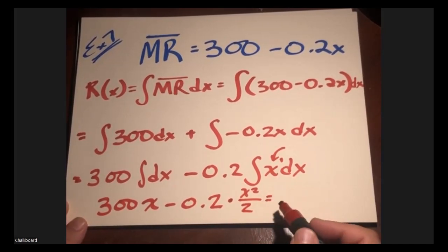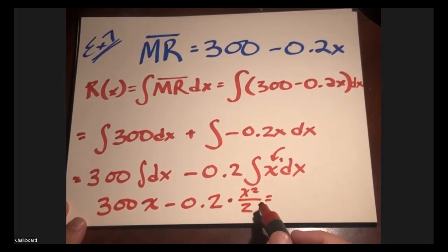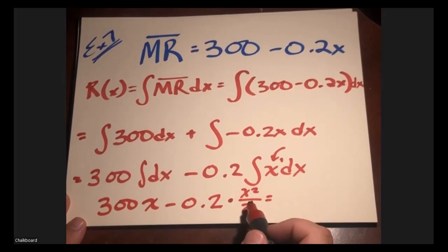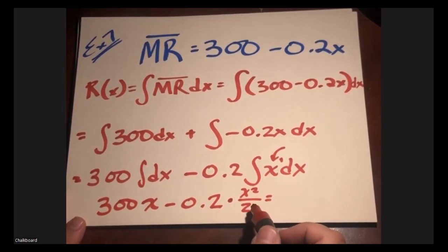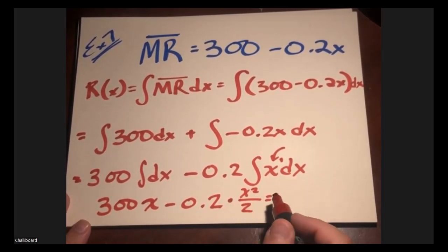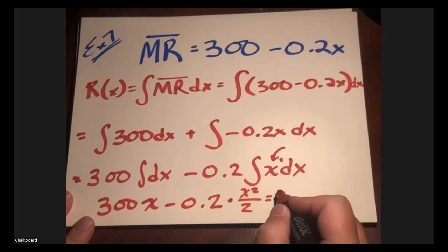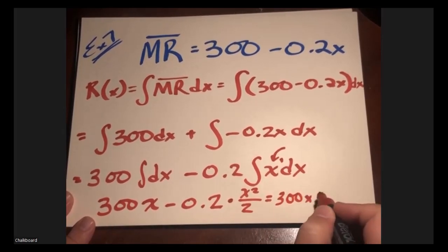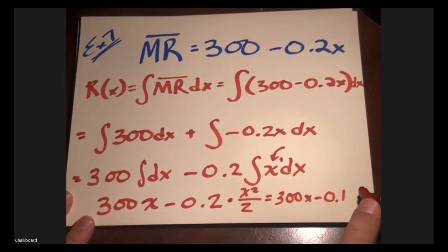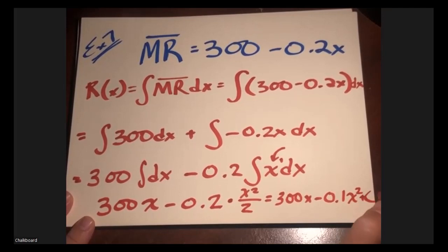And then if we simplify that just a little bit, the 2 and the 0.2 cancel out. It would be 0.1. So it would be 300x minus 0.1x squared, and plus c, of course.